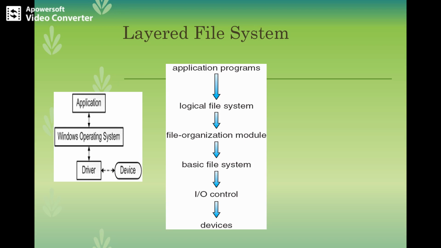Each file's logical blocks are numbered from 0 through n, whereas physical blocks containing the data usually do not match the logical numbers. Therefore, a translation is needed to locate each block. As I've told you, this file organization module knows about the files and their logical blocks as well as the physical blocks.